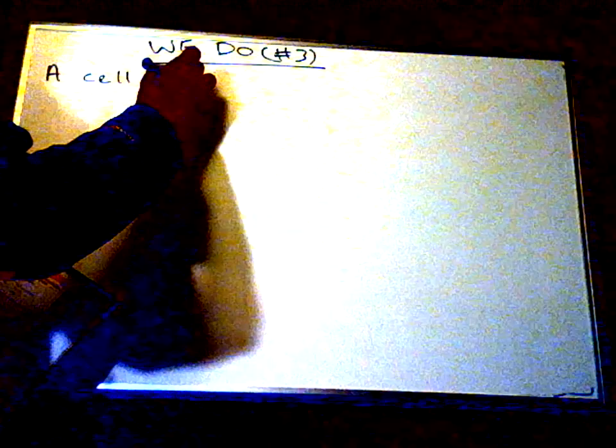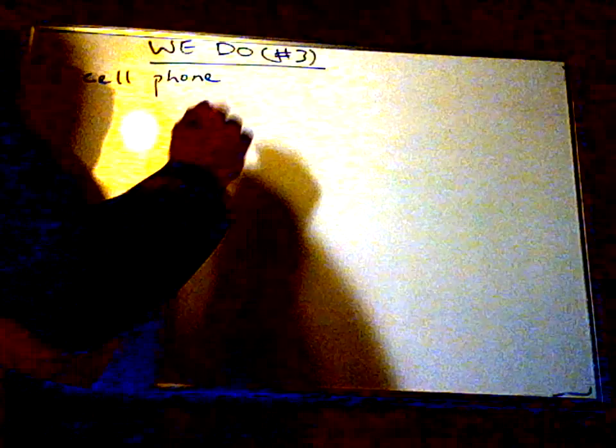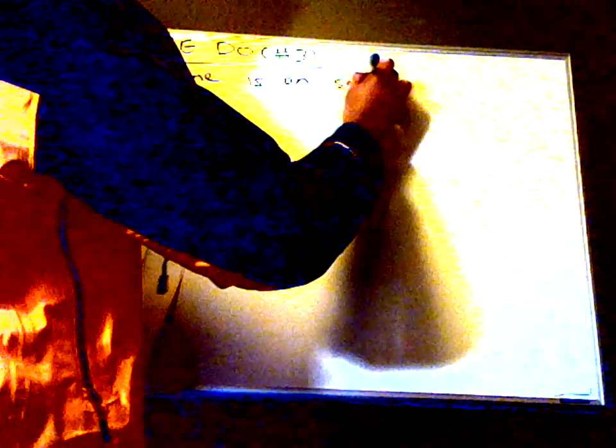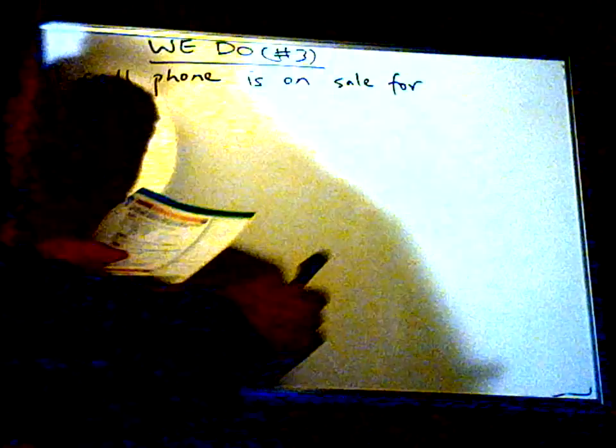Okay, so another redo. Redo number 3. We're told that a cell phone is on sale for 30% off. That's what the store is giving you, taking 30% off.